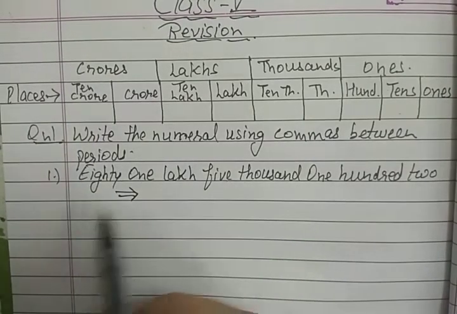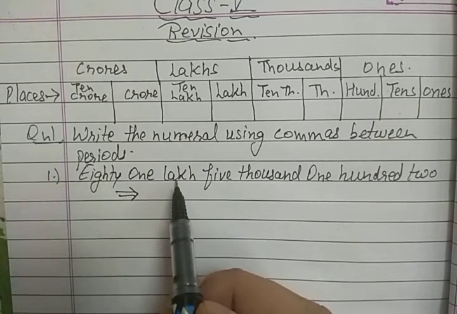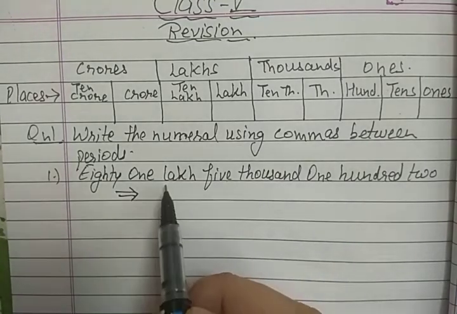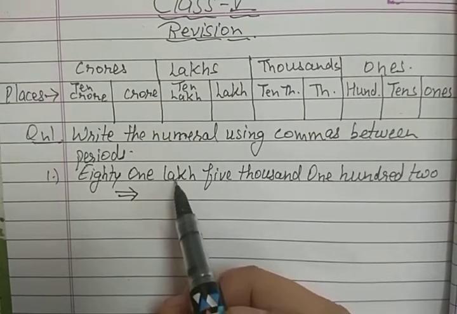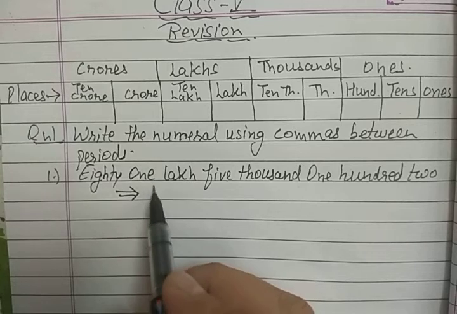How can we write? First of all, we have to see the greatest place. What is the greatest place? That is lakh. This is the greatest period, lakh. Now 81 lakh. So we have to write 81 lakh.